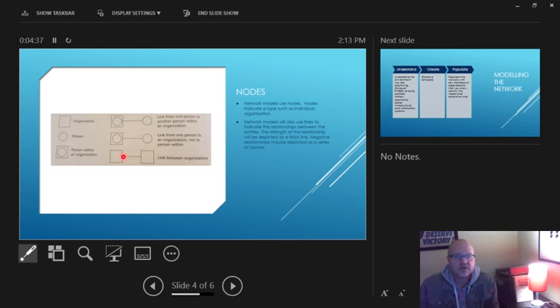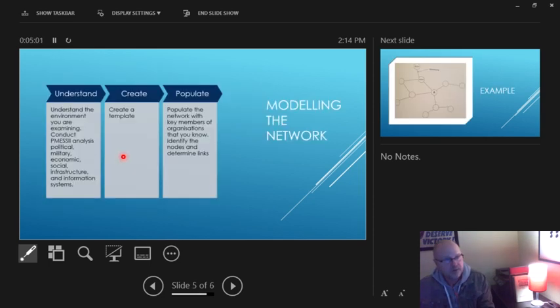And so when we look at constructing network models, these links and an explanation of types of links are also very important as well. And they can be denoted in different ways, either through broken lines, thick lines, to provide an indication of the type of communication or relationship that they may have.